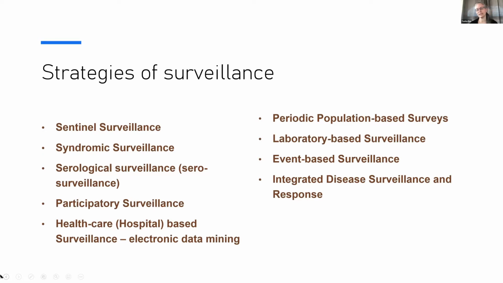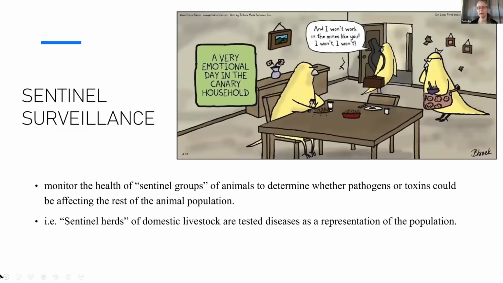So, sentinel surveillance. Again, people might be familiar with the idea of a canary in a coal mine. We use some sort of indicator to give us a reference for what the risk might be for all in that population.